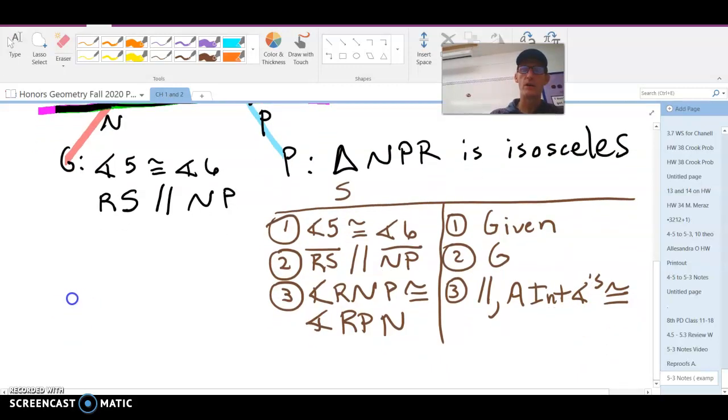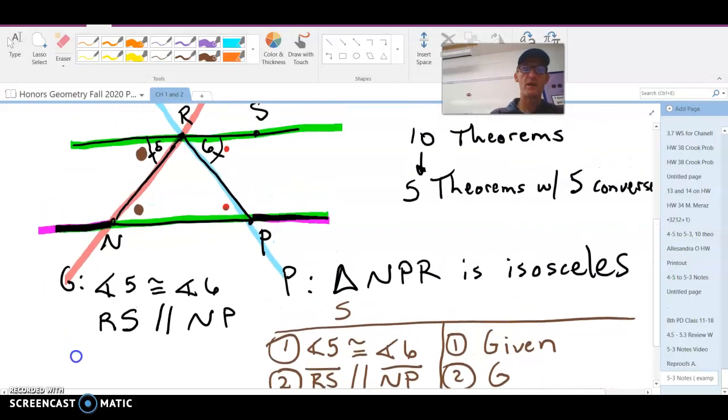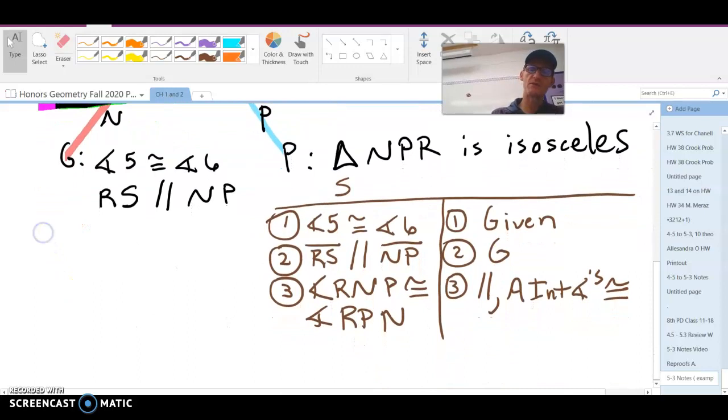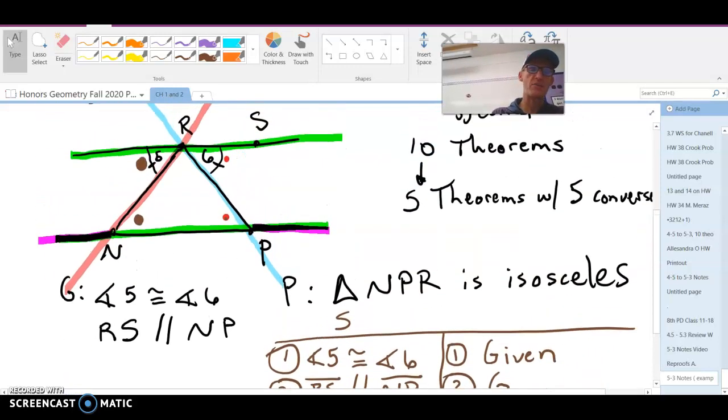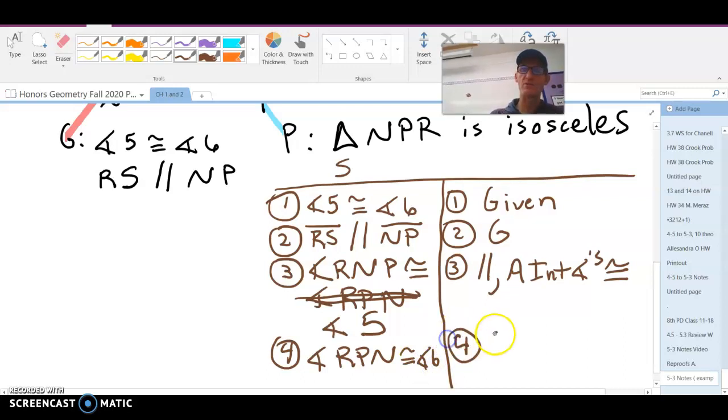Now, angle RNP is congruent to angle 5. And then the fourth step would be that angle RPN is congruent to angle 6. And that is the same as 3.